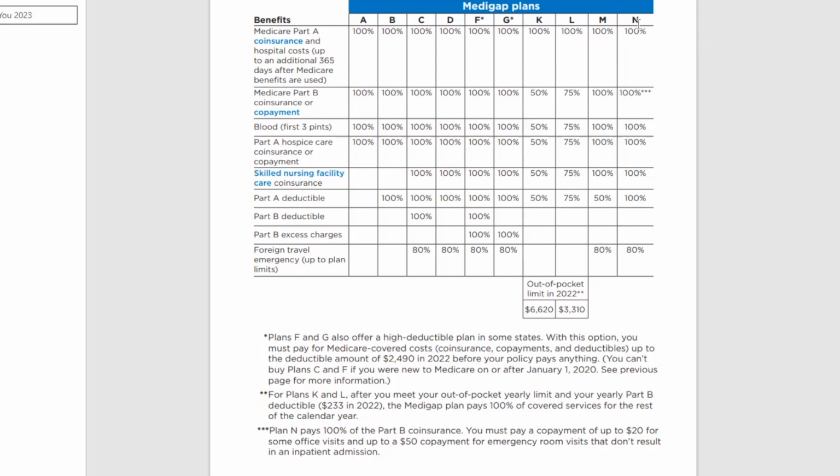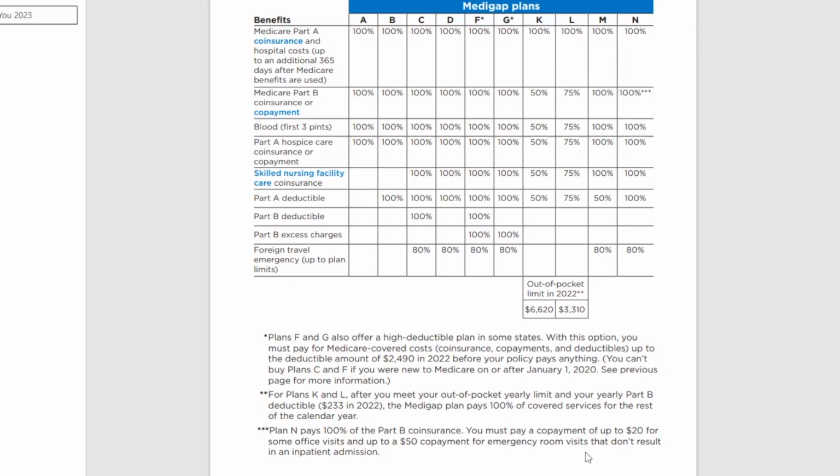Another key difference about Plan N is that Plan N pays 100% of Part B coinsurance. You must pay a copayment of up to $20 for some office visits. So Plan N is going to have some office visit copays up to $20 for each visit and up to a $50 copayment for emergency room visits.